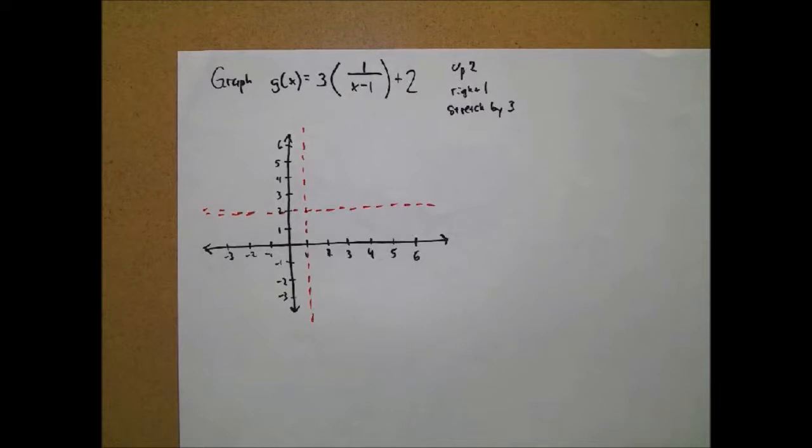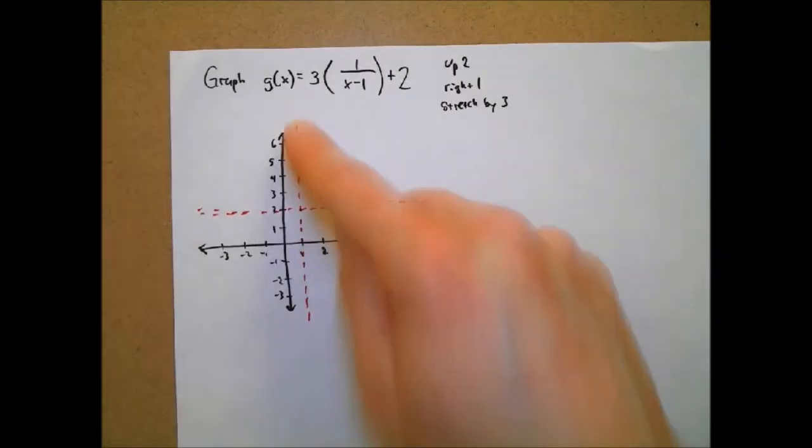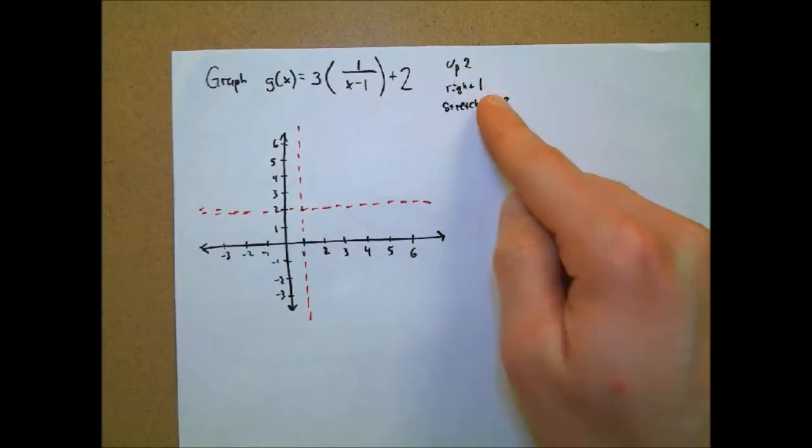Okay, so that's the first thing we should start with when we go to graph: realigning those asymptotes. They just shift the center of the asymptotes where they intersect. The stretch doesn't affect them, okay?